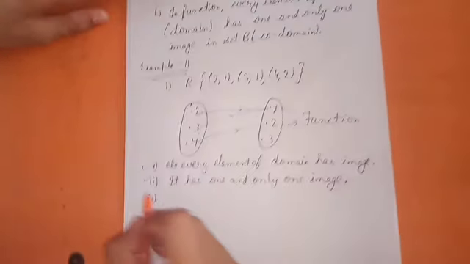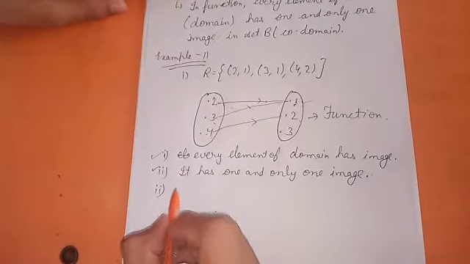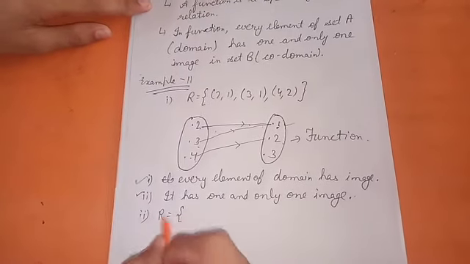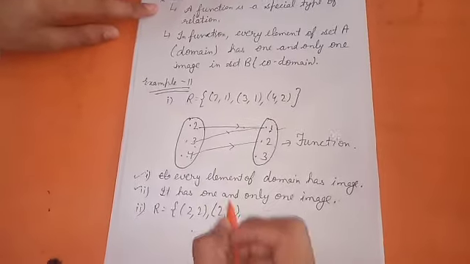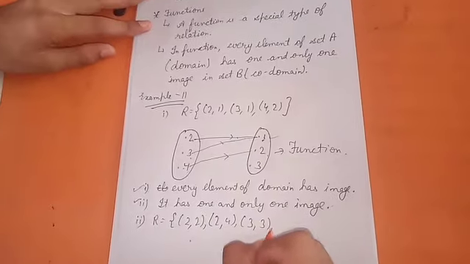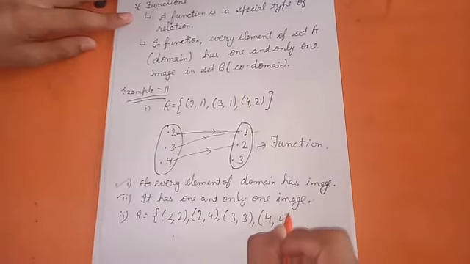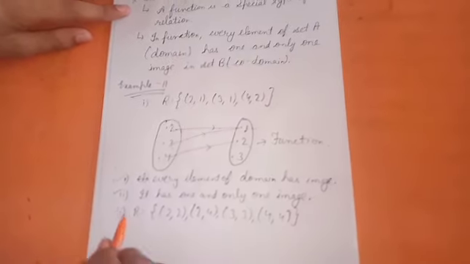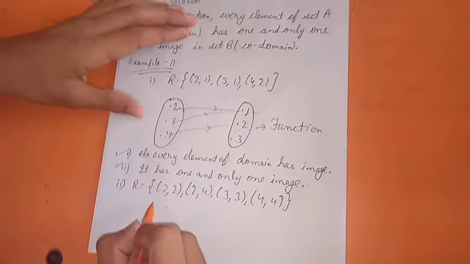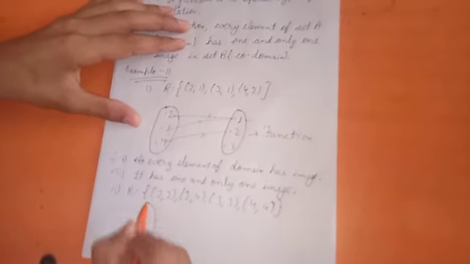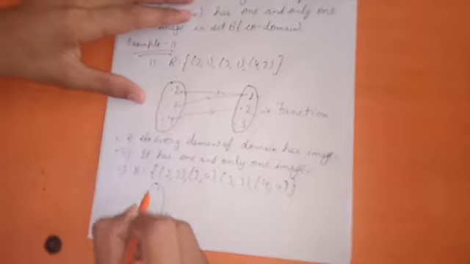Now in second part they have given to us R as {(2,2), (2,4), (3,3), (4,4)}. So again we will make our domain and range.